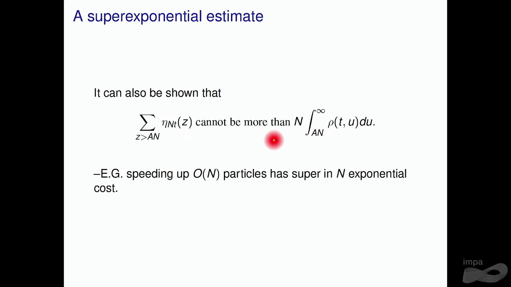Rho is the entropy solution. So exceeding that will have super exponentially small probability.